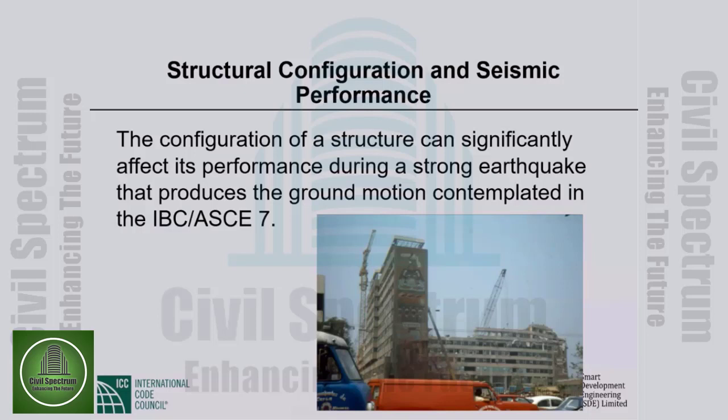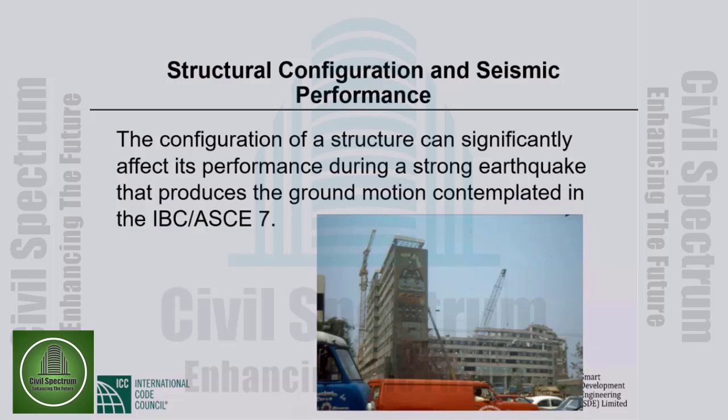The main thing wrong with the building was it was in the wrong height range. The predominant period of ground motion in downtown Mexico City locations was about 2 seconds. This building had period that lengthened into 2 seconds, and that was the major factor behind the damage that you see.